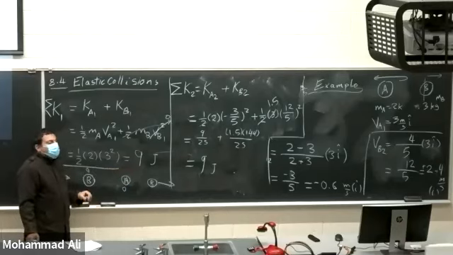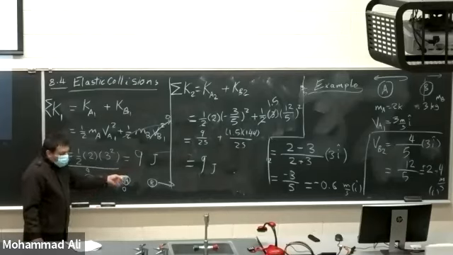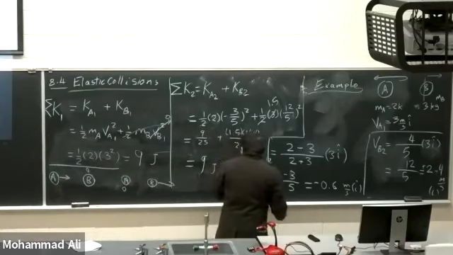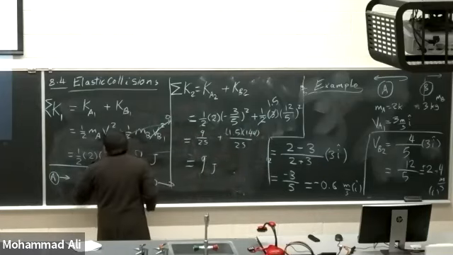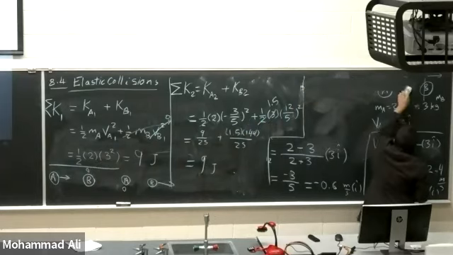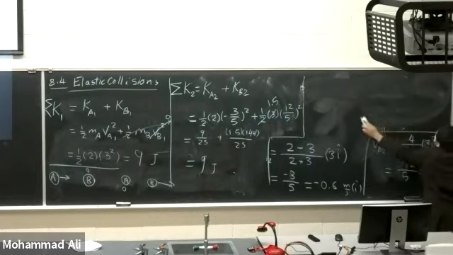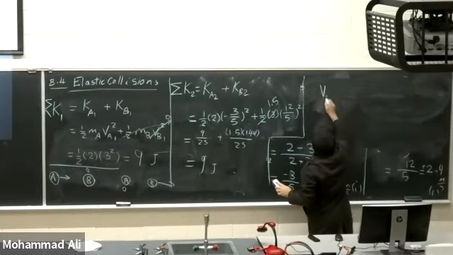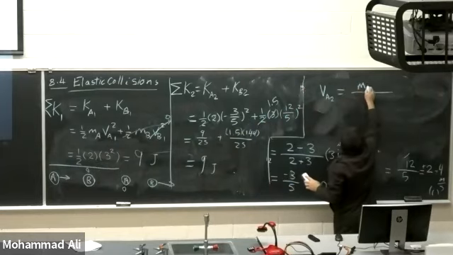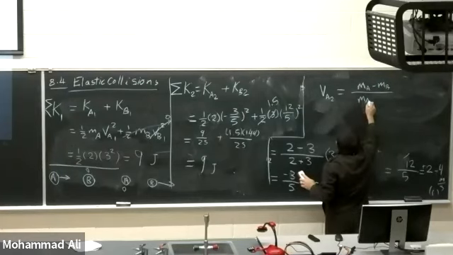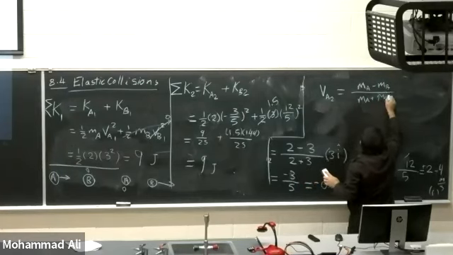This happens when the mass of A is equal to the mass of B. We write the velocity of A after the collision is equal to MA minus MB over MA plus MB.